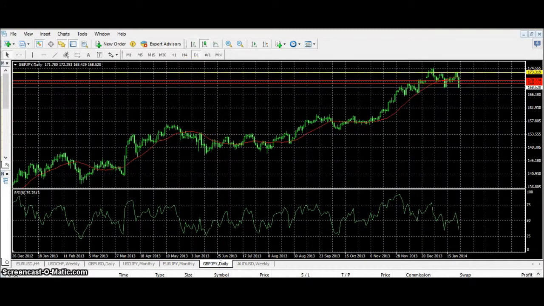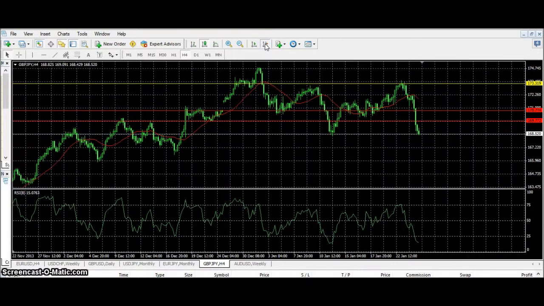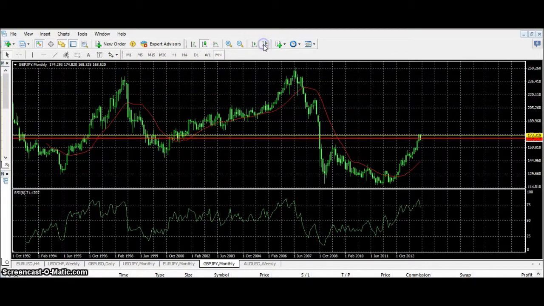Then pound yen. This is another fantastic currency pair that I love so much. Although it was trying to be heady like its brother, the pound dollar, in the long run we had a very sweet harvest from this currency pair. And like I said earlier on, this particular currency pair is on a bullish ride.